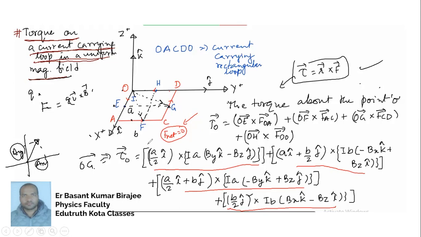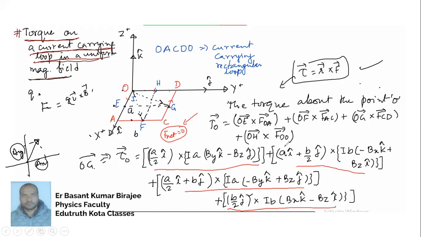We are using this formula. So similarly, for the torque due to the force acting on the DO arm, the force is acting at the S point. So your R vector will be OS, and the force is FDO.